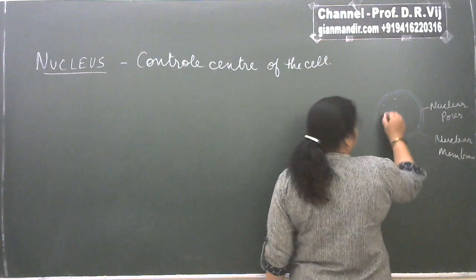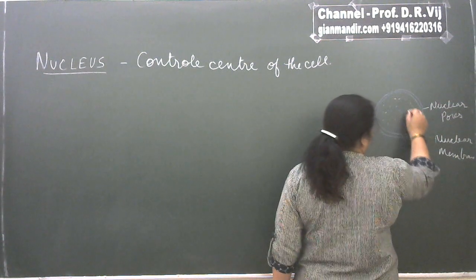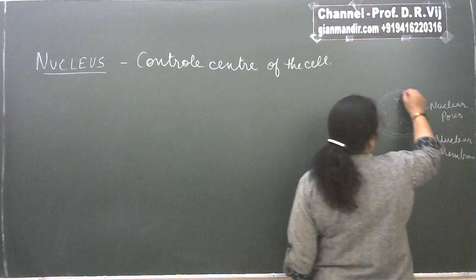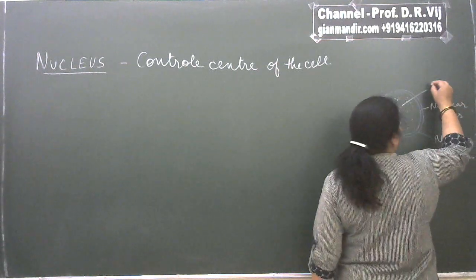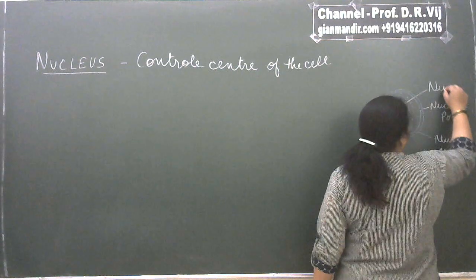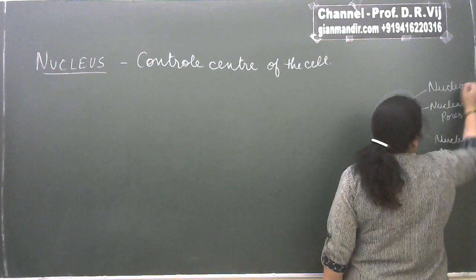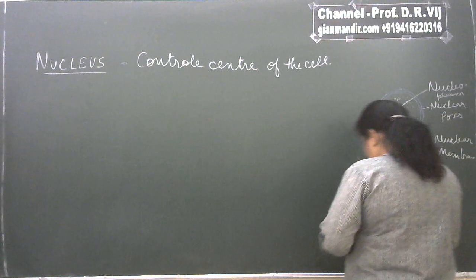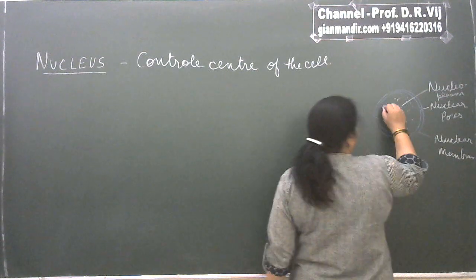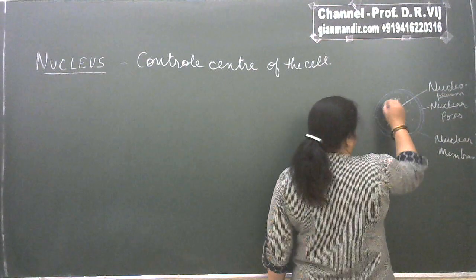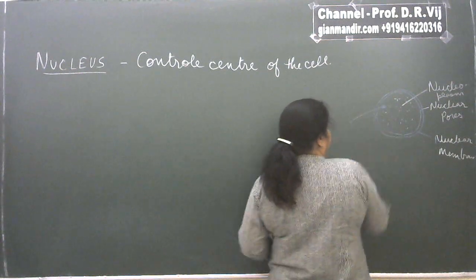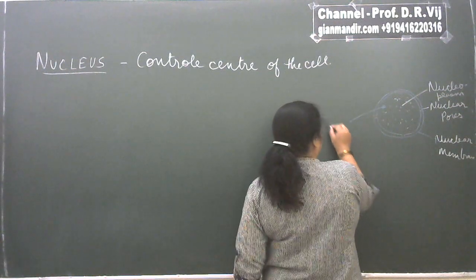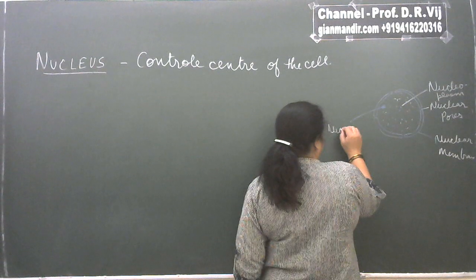And then there is the jelly-like material inside the nucleus, and this material is known as what? It is known as nucleoplasm. In this nucleoplasm, at the center, there is a dark colored part, and that dark colored part of the nucleus is known as nucleolus.